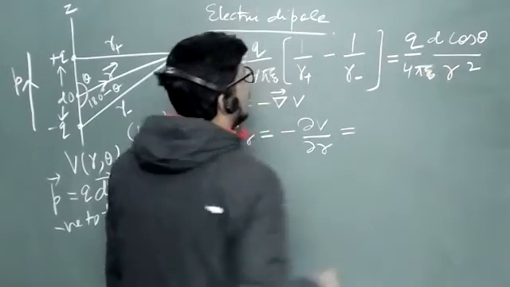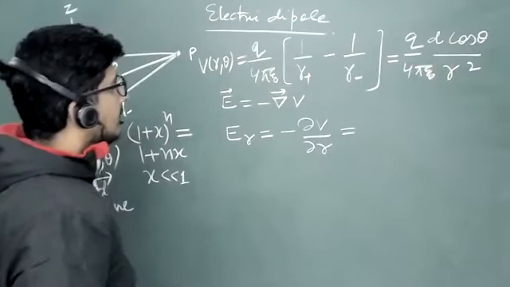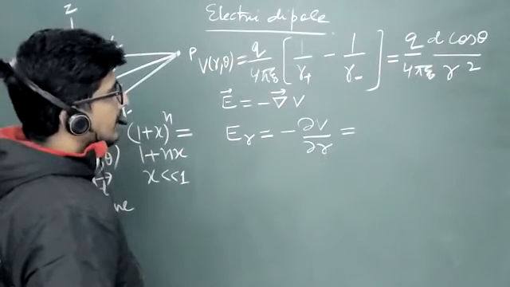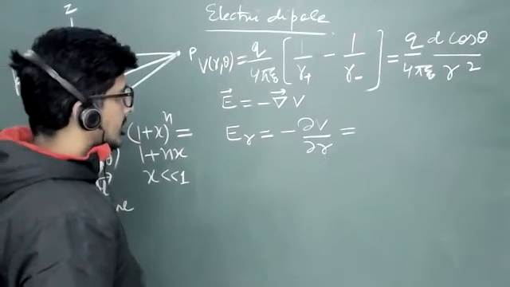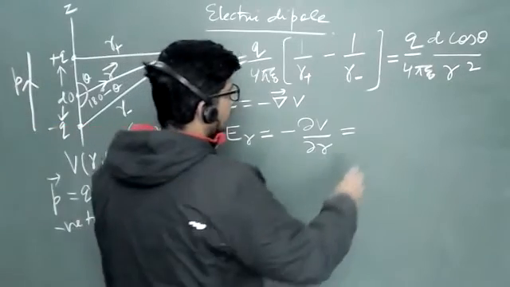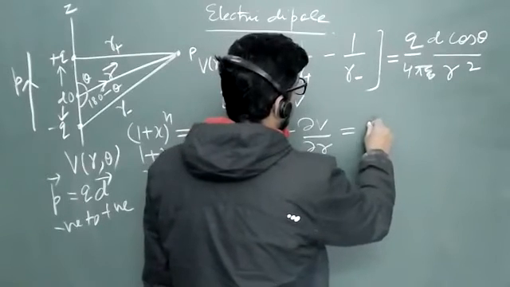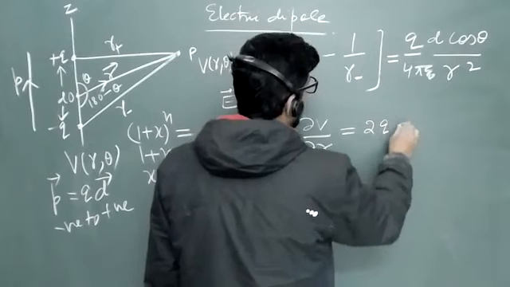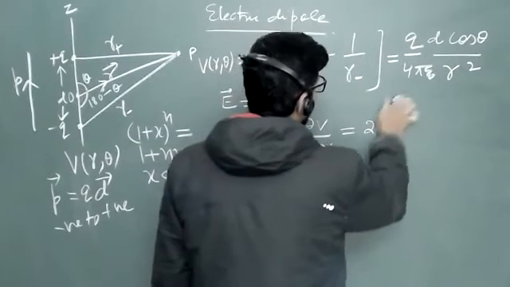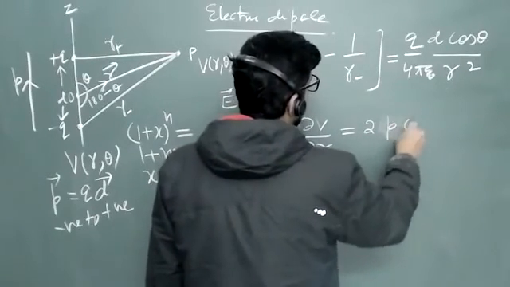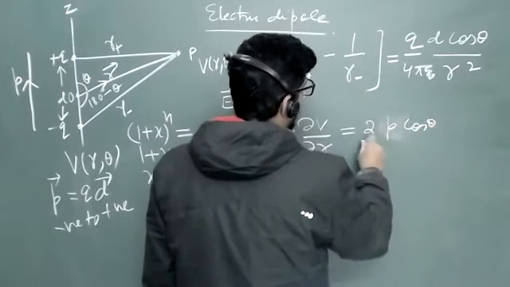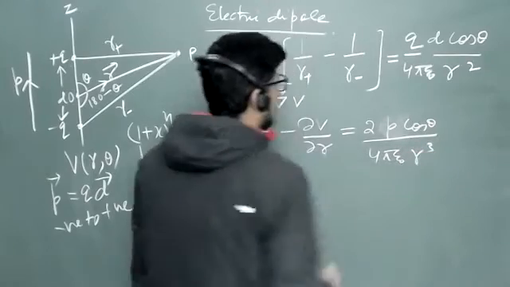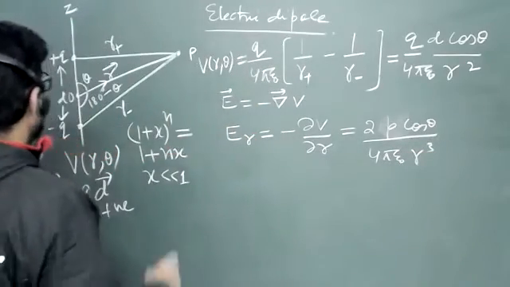It will be R to the power minus 2 हो जाएगा ना? तो minus 2 R to the power minus 3, right? So कितना हो जाएगा? 2QD, P लिख देते हैं. 2P cos theta upon 4 pi epsilon naught R cube.